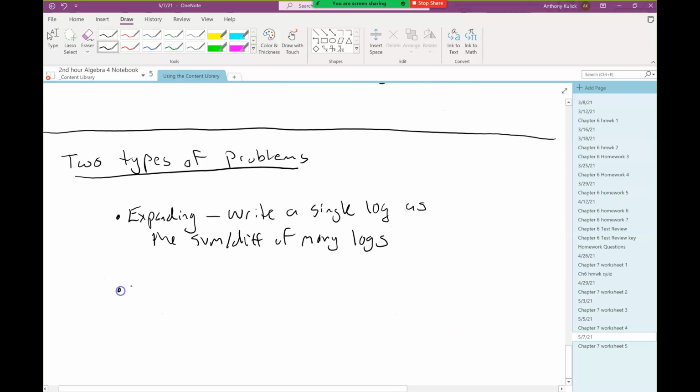The other type of problem is condensing, and that's basically the reverse. We're going to write the sum or difference of many logarithms as a single logarithm.